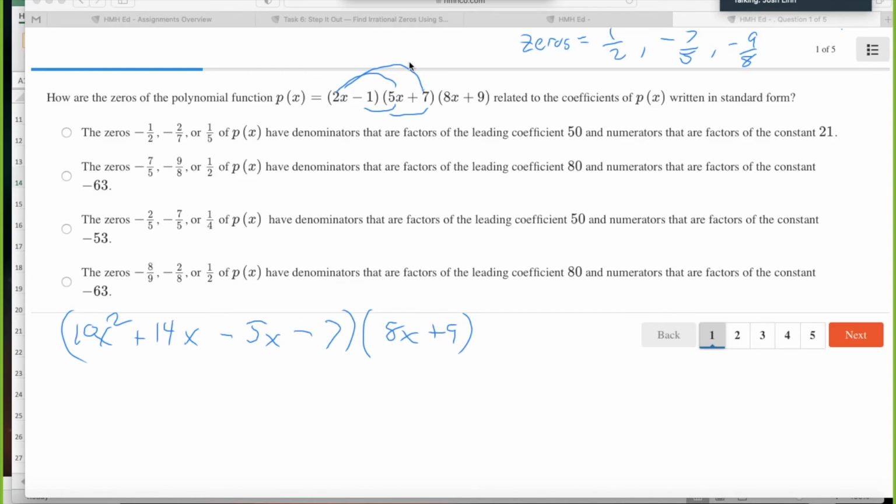So now we're going to add this next one in. 8x times 10x is 80x cubed.